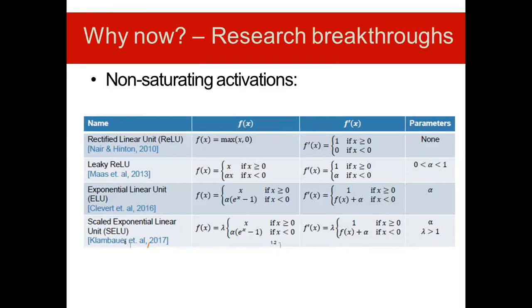First of all, we have non-saturating activations instead of saturating activation functions such as sigmoid or tanh. If we look at those traditional activation functions, they are squeezed into a range; for sigmoid, for example, it is between 0 and 1.